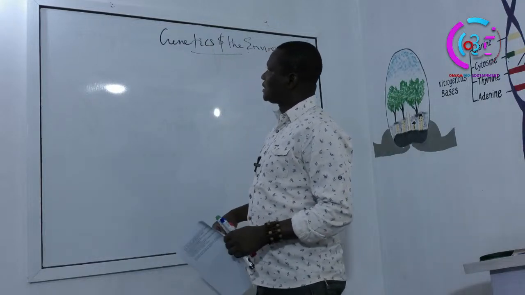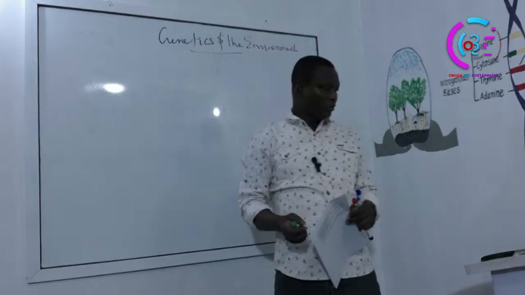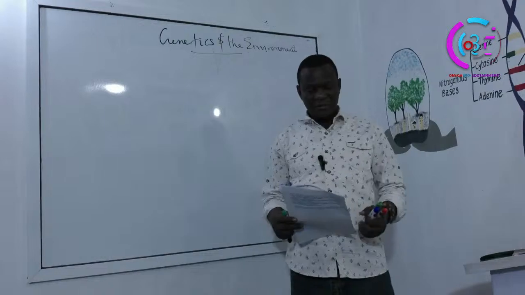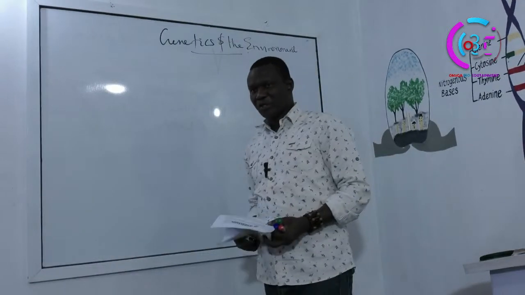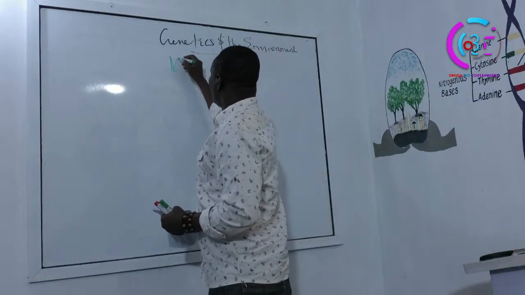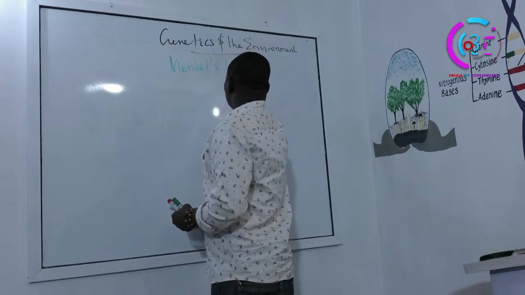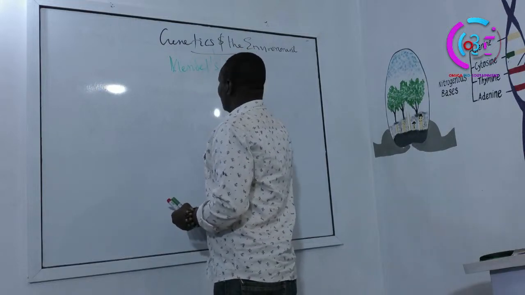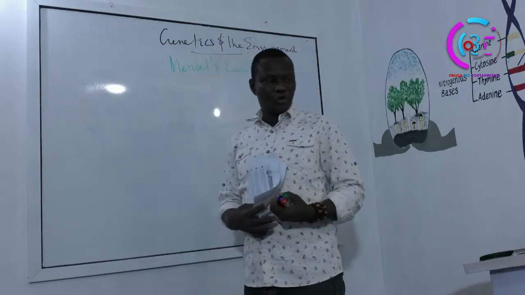The last time we met, we talked about some genetic terms that are mainly used in genetics. So today we are going to talk about Mendel's laws: the first law, the second law, and the third law.